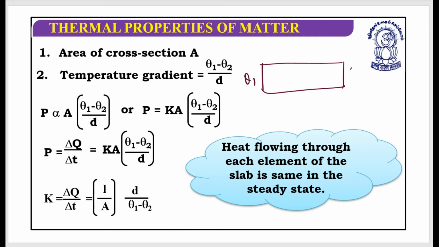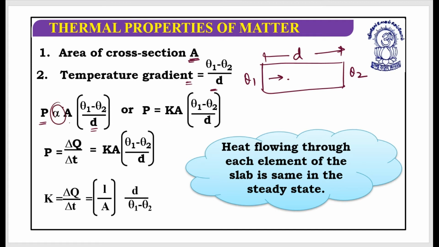This end is at temperature theta 1, this end at temperature theta 2, the length is d, and heat travels from this end to this end. This heat flow depends on the area of cross section, and it depends on the temperature gradient. So if I write this heat current as P, then it is directly proportional to the area of cross section, and directly proportional to (theta 1 minus theta 2) by d.